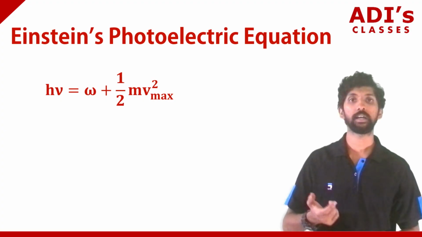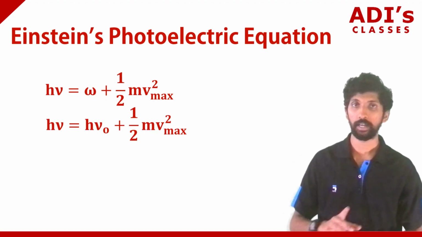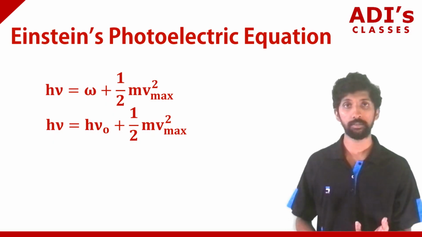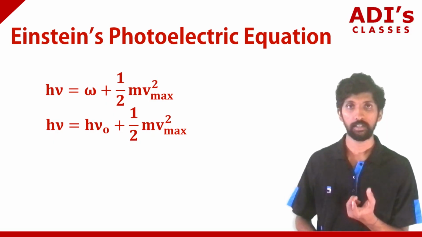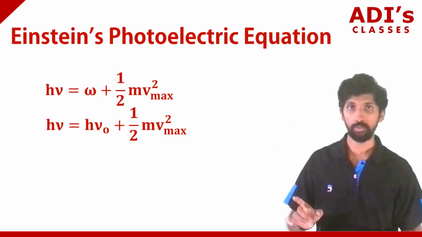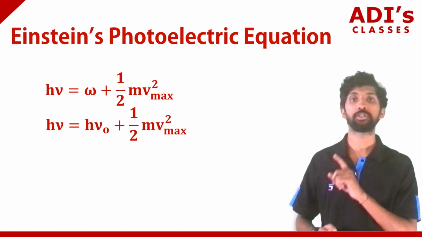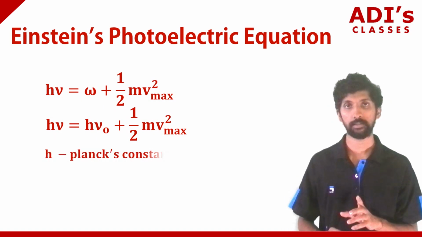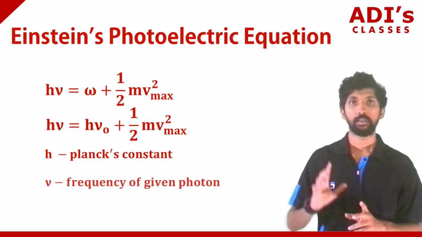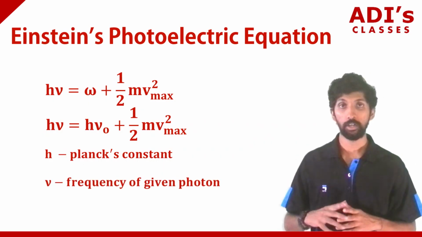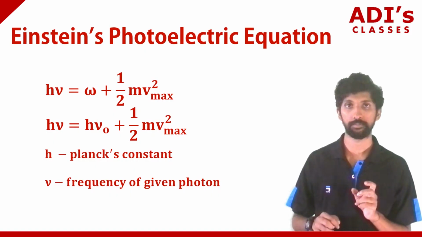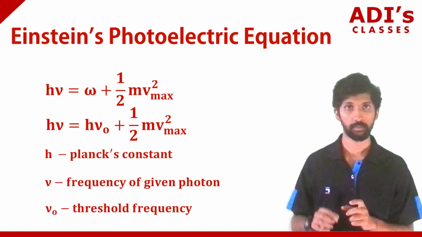Now, omega is nothing but the work function, the minimum energy. So, we have h nu is equal to h nu naught plus half m v square max. Here, h is Planck's constant, nu is the frequency of the incoming photon.